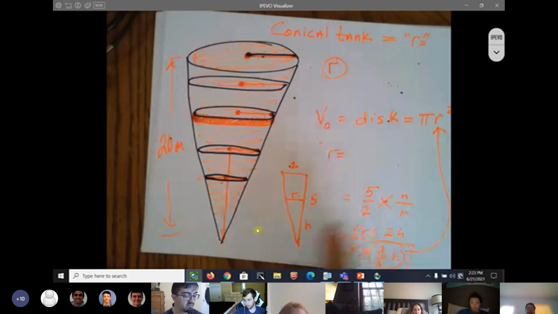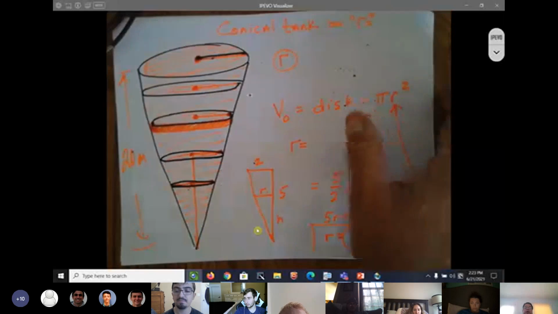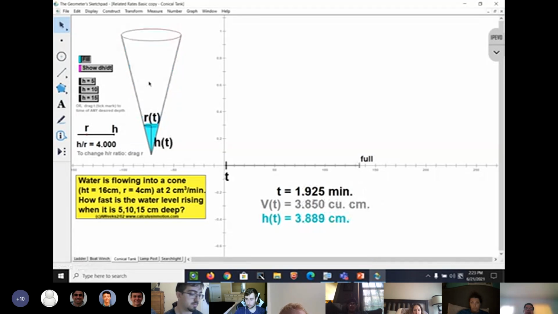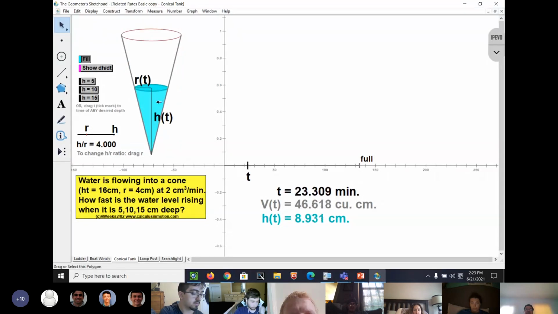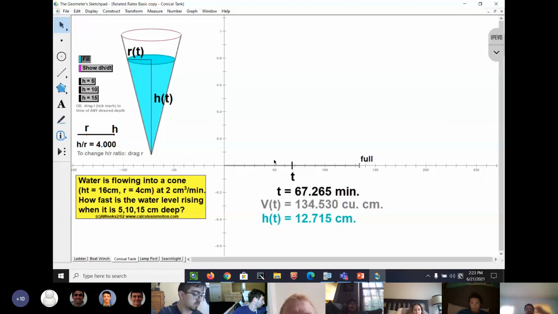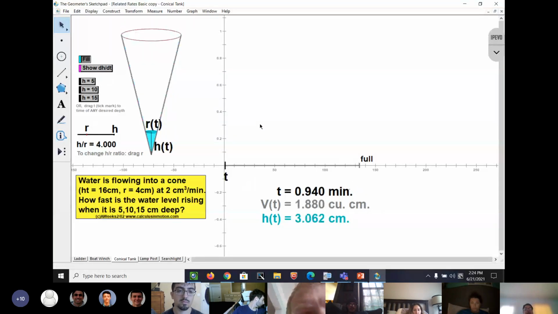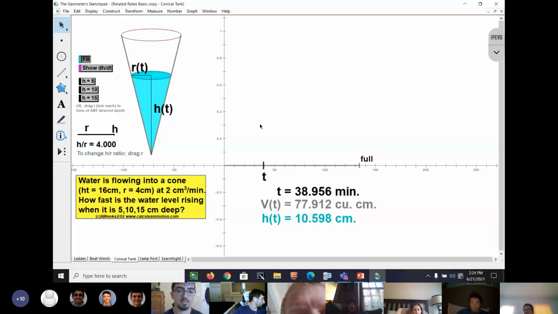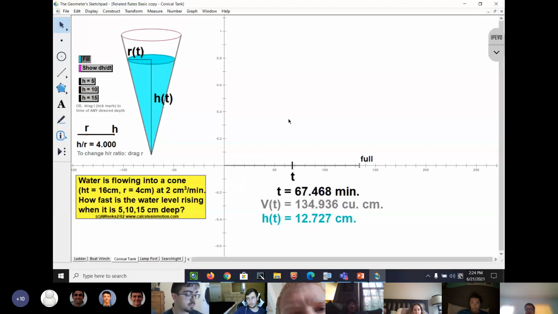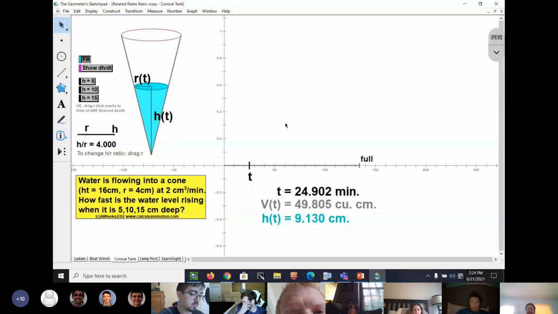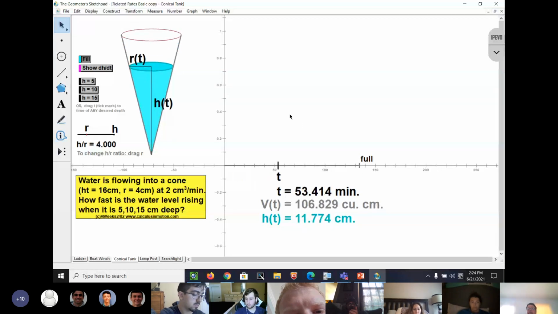Everybody see that? You'd be surprised on how many students don't see it. And like I say, this means a lot right here. If you just look at that for about 2 or 3 seconds and just say, well, the height is being achieved. The height, that's the goal of the tank, to fill up the tank. So R is changing as H increases. That is a related rate.